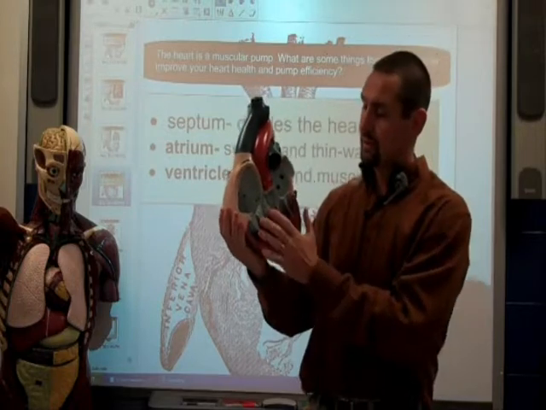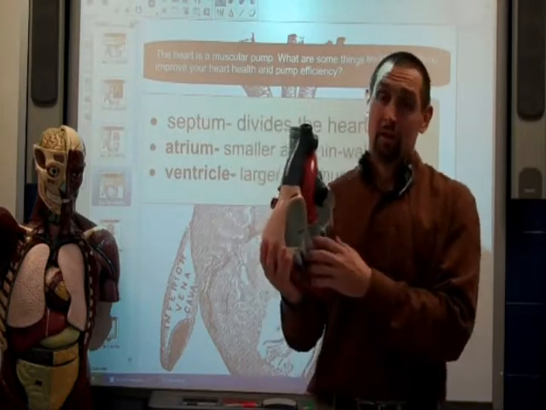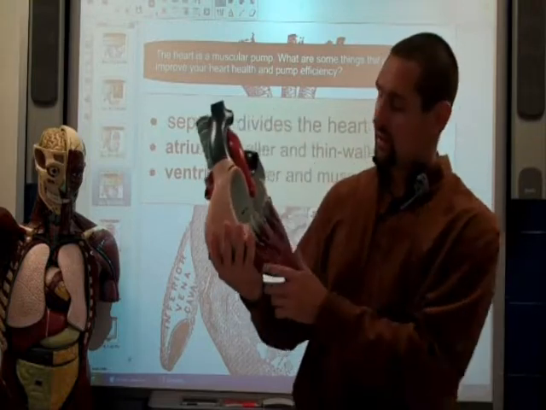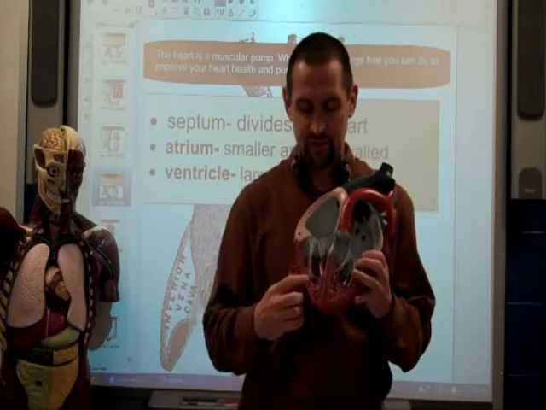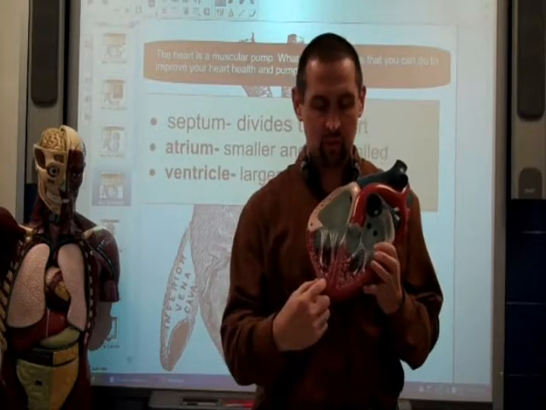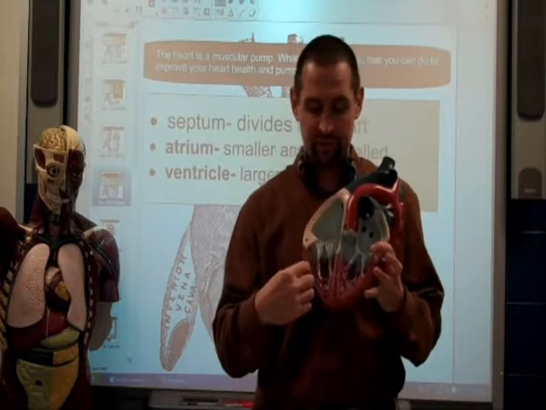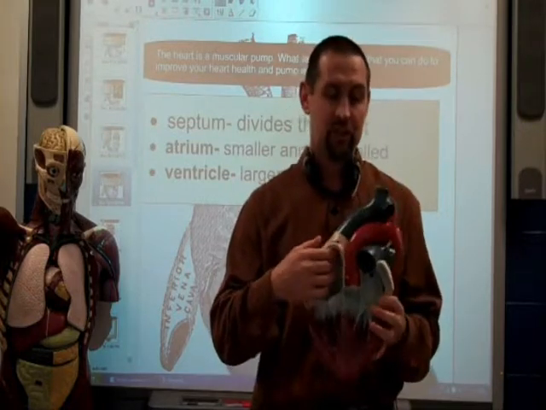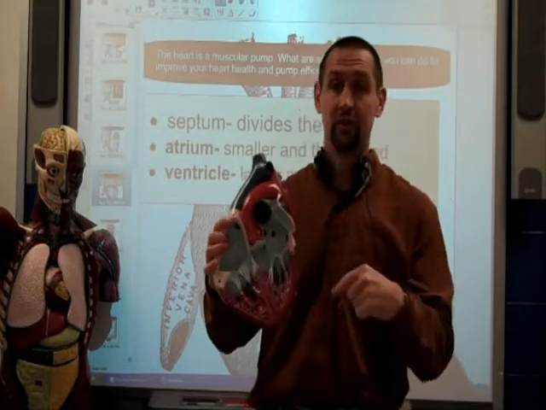The ventricles are much more muscular in the walls because they're pumping the blood much further. So again, we can take a close look and we'll see that the right ventricle has a slightly thinner wall, the left ventricle a very thick wall, because the right ventricle will circulate the blood to the lungs, the left ventricle will circulate the blood to the body.